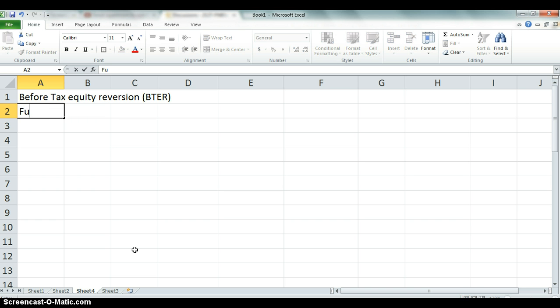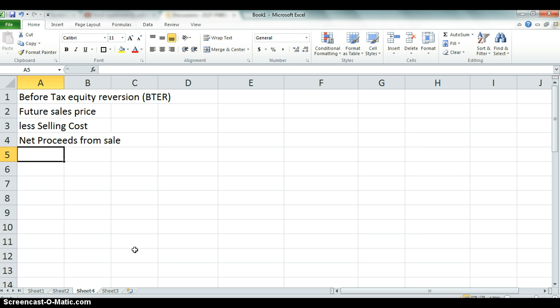We will need a future sales price less selling cost, and that will equal our net proceeds from sale, less loan balance, and that will equal our before tax equity reversion.